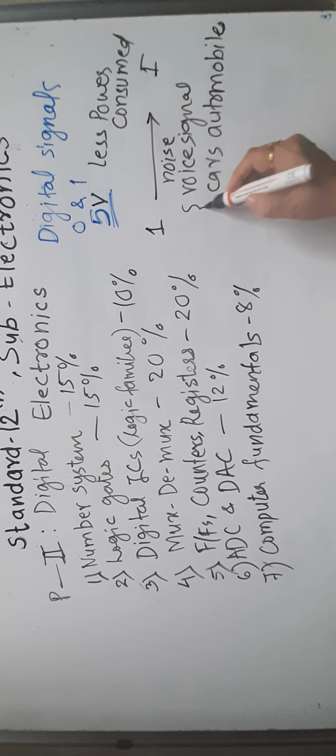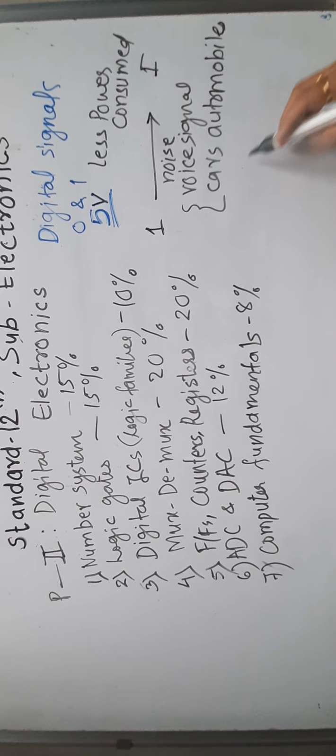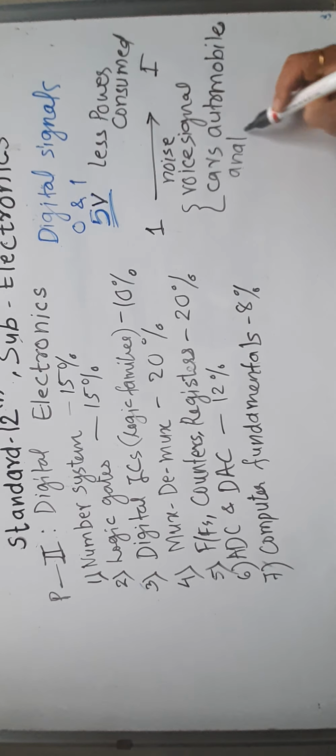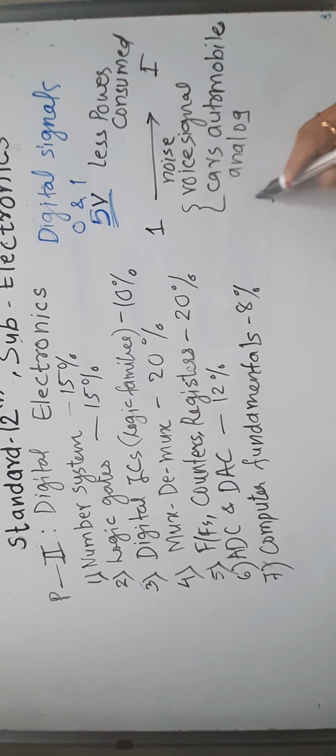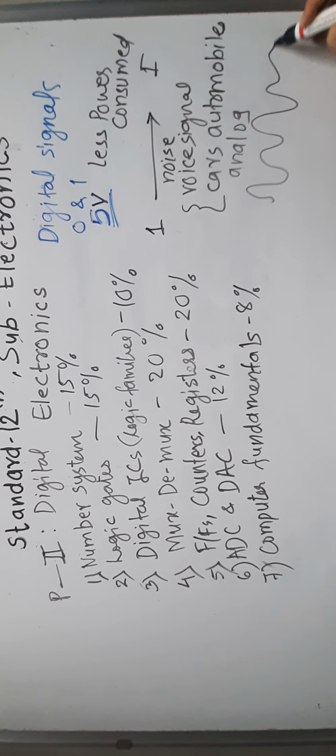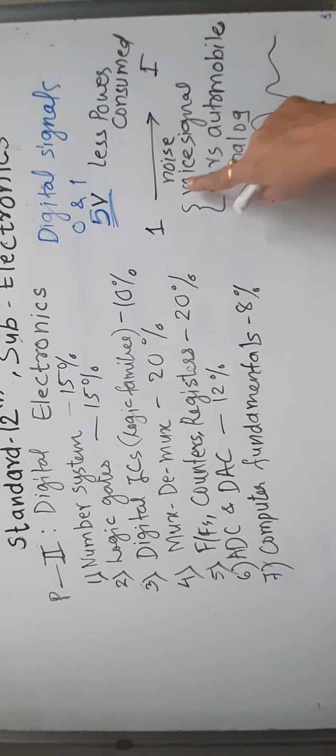Such types of signals are analog in nature. Analog signal means such type of signal. So such signals are analog in nature, and human voice is also analog in nature.